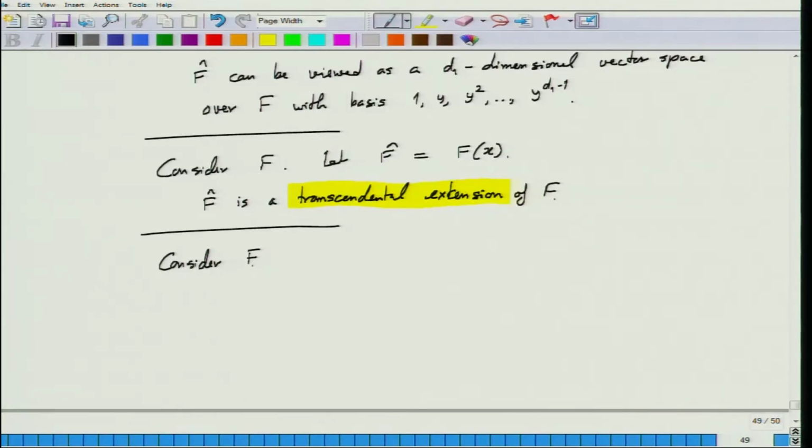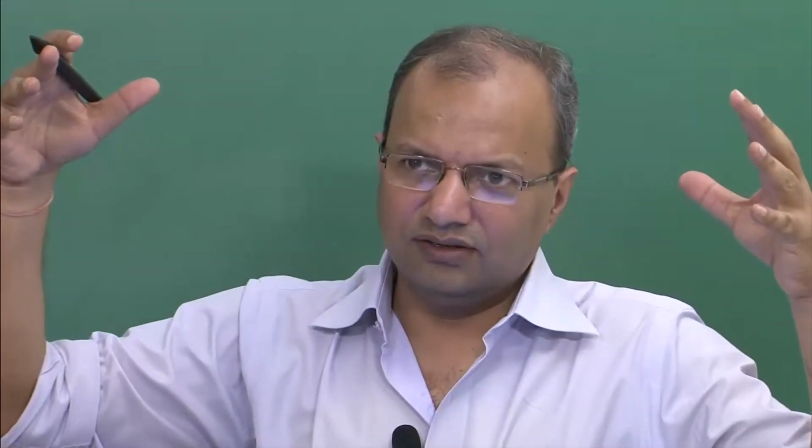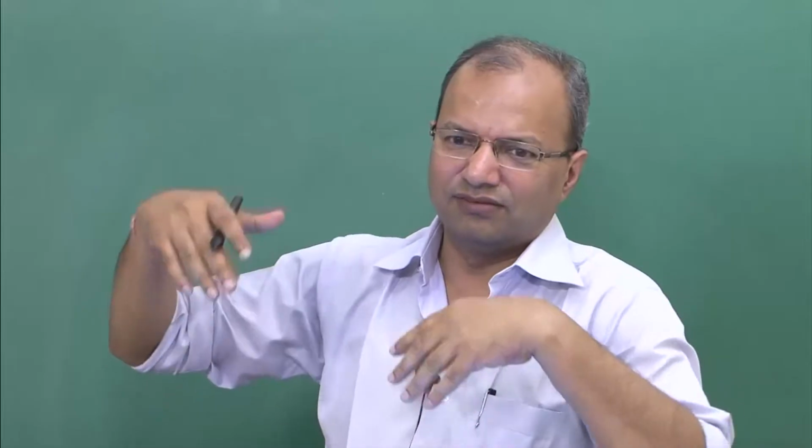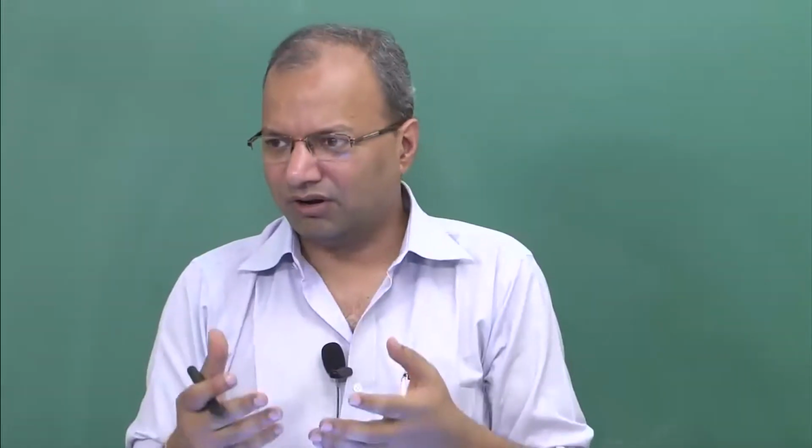Take a polynomial and go to the splitting field of F with respect to that polynomial, call it F prime. Then take another polynomial over F prime and go to the splitting field of that polynomial with respect to F prime, and keep doing this process. Of course this is an infinitely long process, but you will eventually have a field which contains roots of all polynomials in it.